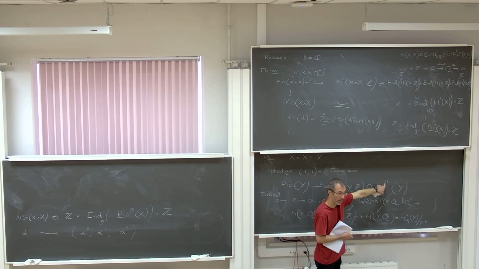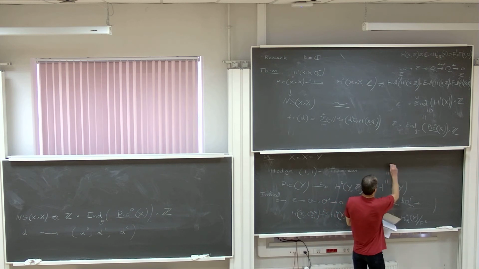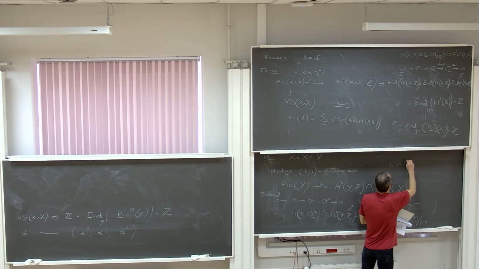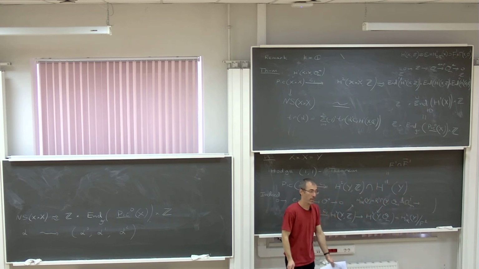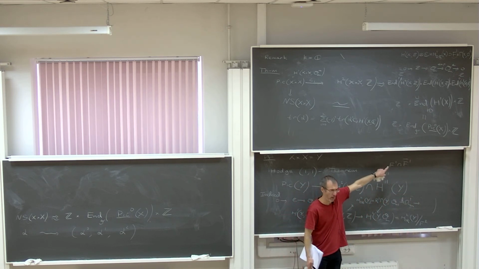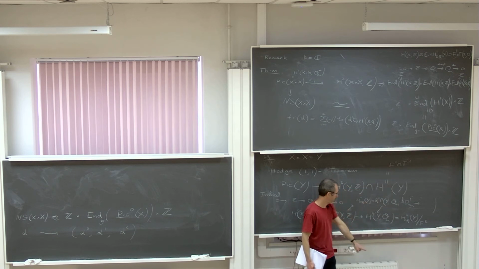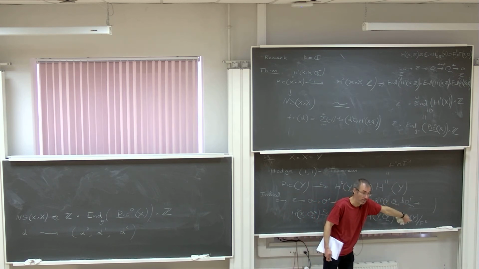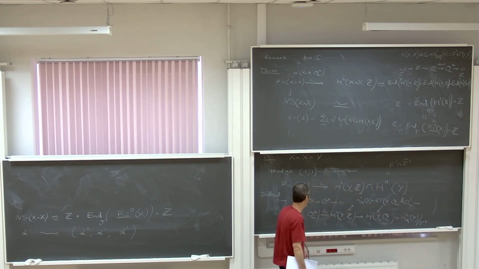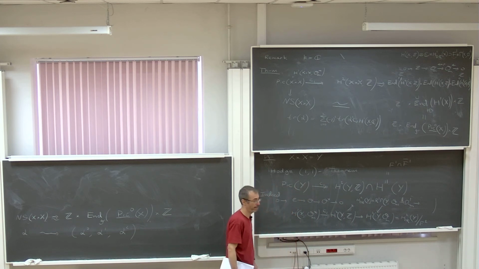This is one way of phrasing it: F1 intersected with F1 bar. So in particular, it lives in F1, so it goes to 0 under this map, and therefore it lives in the image. This is a proof of Hodge theory.